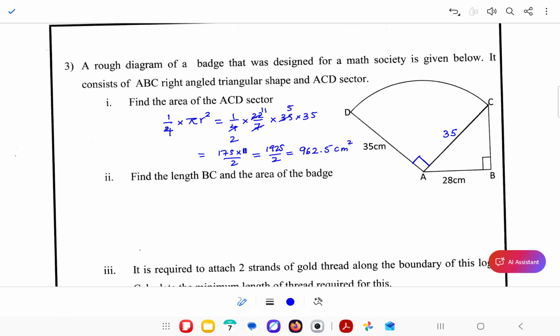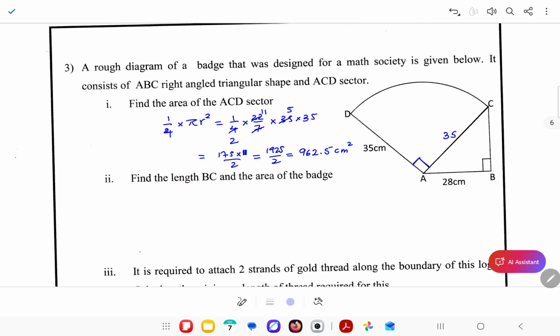Right, then find the length BC and the area of the batch. Right, so apply Pythagoras theorem to ABC triangle. So 35 squared is equal to 28 squared plus BC squared.